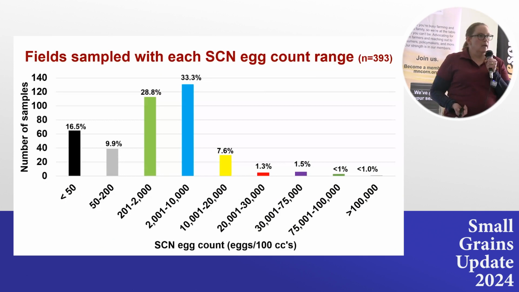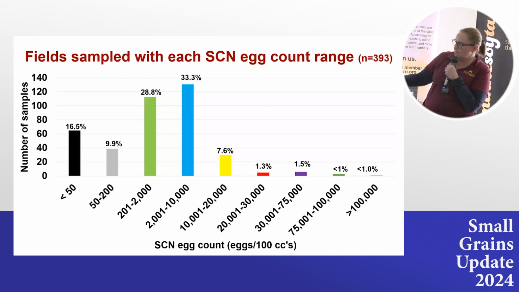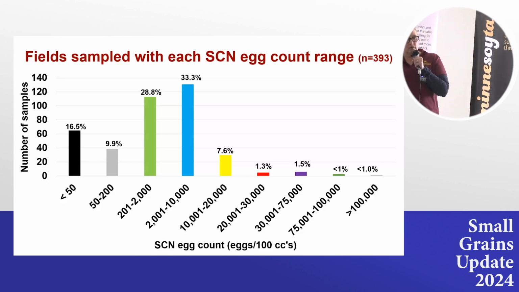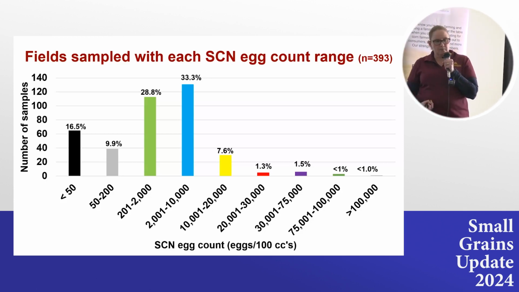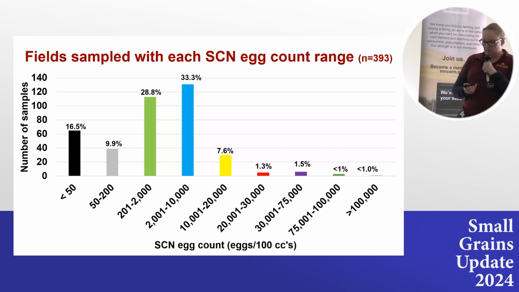We had a sampling program again this past year, and what you're seeing here are these different egg count categories down at the bottom. Egg counts are what we base our management recommendations on, meaning the number of eggs in a little bit less than half a cup of soil, or 100 cubic centimeters of soil.